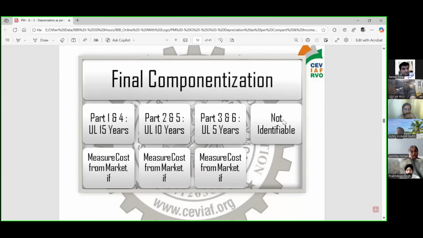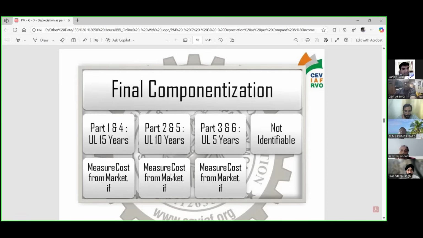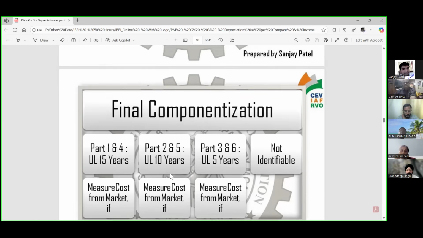So this is componentization, and whatever component you make must be a major cost. आपको क्रॉस वेरिफिकेशन या कैलिब्रेशन करना पड़ेगा from the market. आपने सही किया है कि गलत किया है. So this is how componentizations are made.